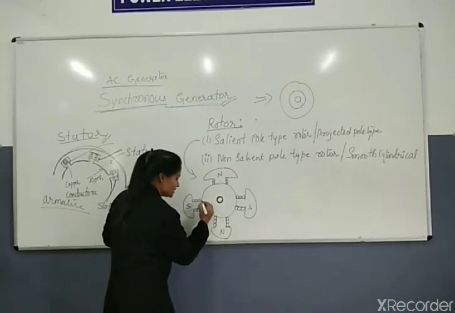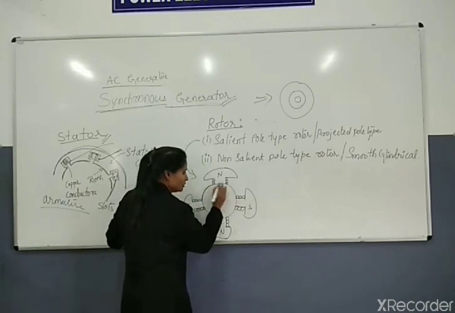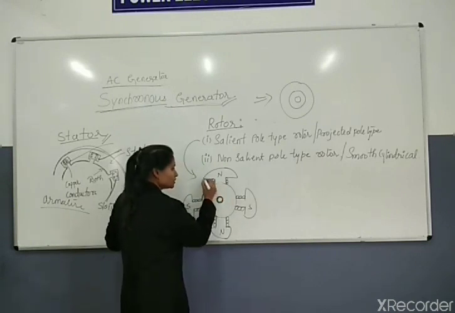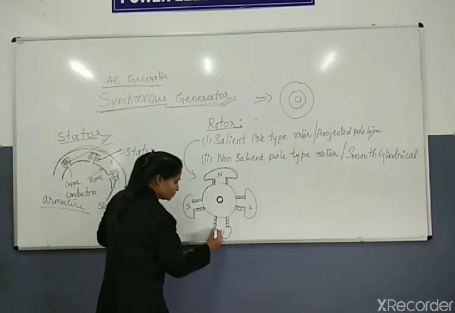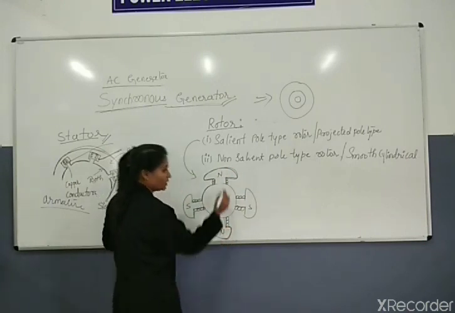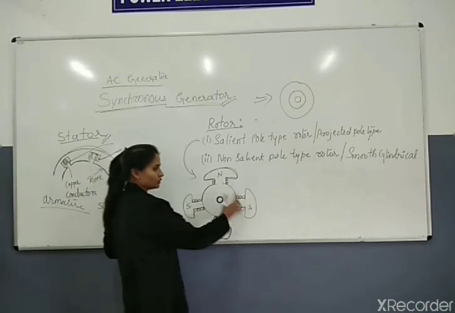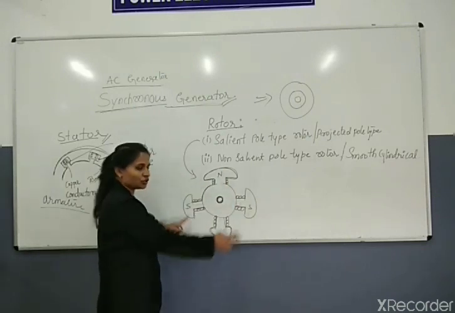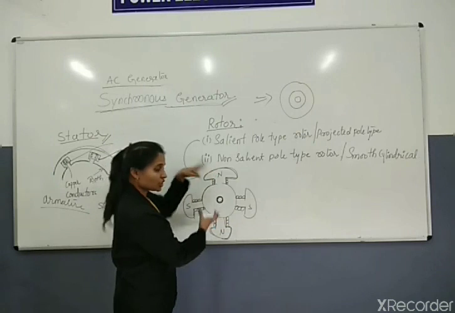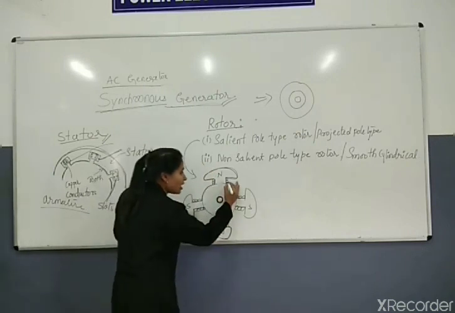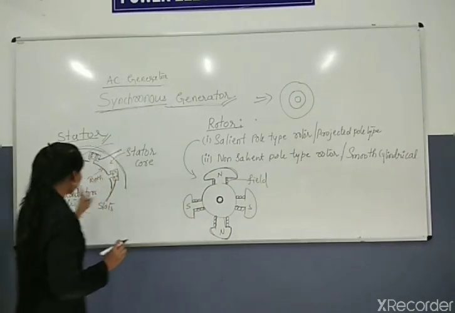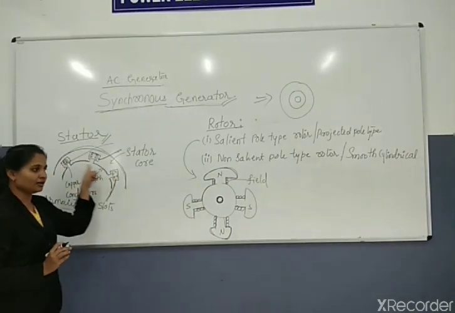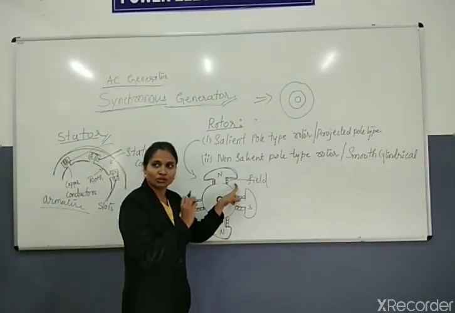Let's see the first one, the salient pole type rotor. In the rotor we use this type of arrangement. Poles are arranged as projected type, north and south poles. The poles are projected. These are your field windings, as we have said: armature windings on the stator and field windings on the rotor.